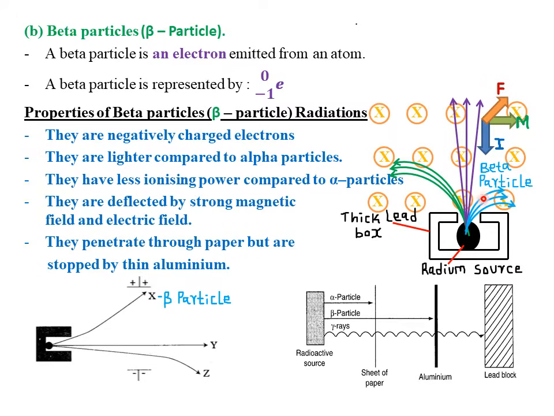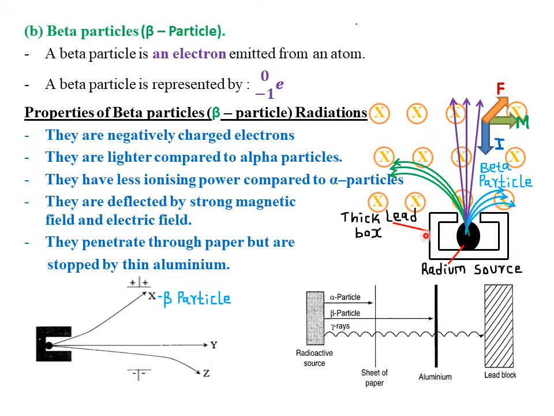That is why we are having the beta particle deflecting towards the right hand direction, as shown in this particular diagram. Remember, the purpose of the thick lead box is simply to absorb any stray radiations coming from the radium source.